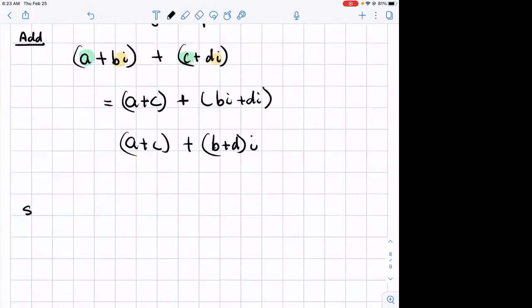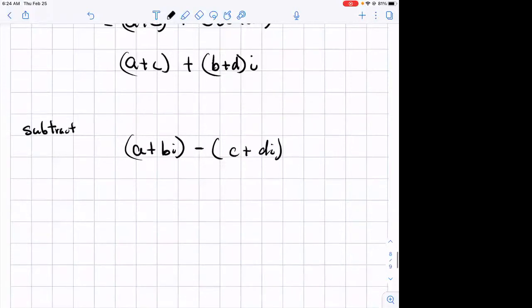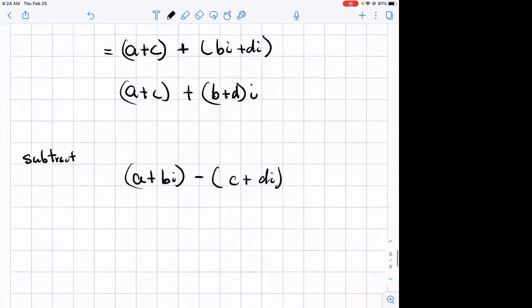For subtraction, we do the same thing. If we have a plus bi minus c plus di. So in this case, the real part, okay, we say a minus c now, plus, or the bi, okay, minus di.